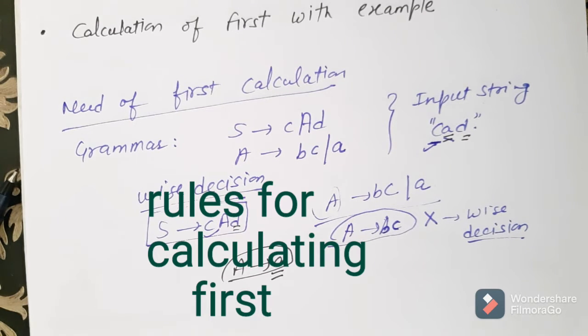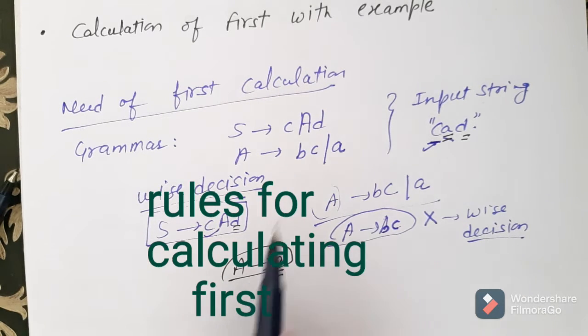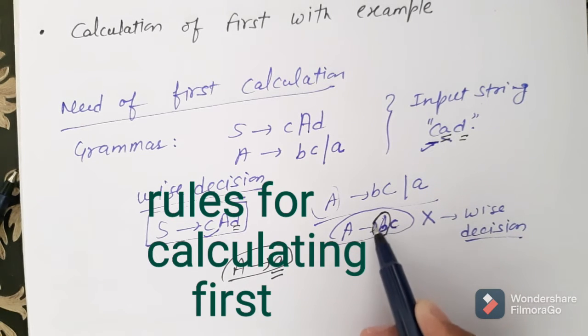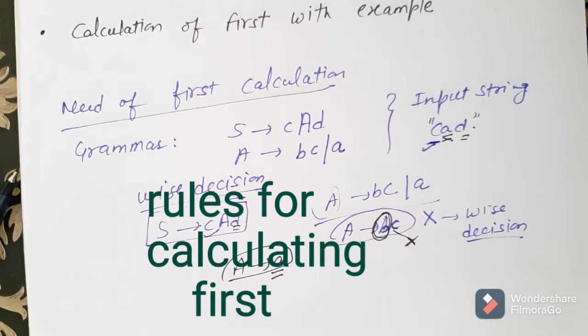So here I explained the need of first calculation, because the parser checks only the first symbol. With the help of this example, the parser is considering only the first symbol, not looking into the remaining. So there is a need for the calculation of first symbol.